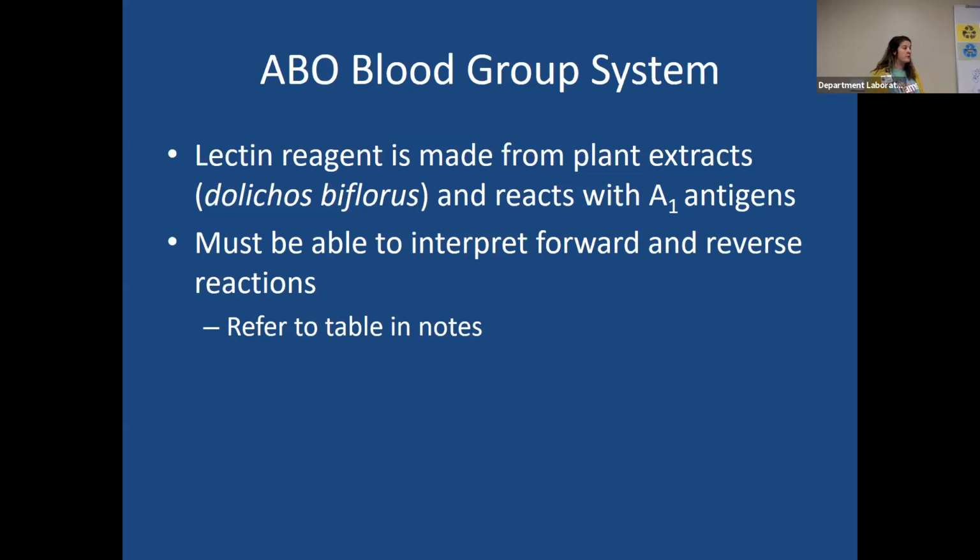For this course's purposes, we will call them A2, all right? Now, what other tests do we have to run when we use A1 lectin? A2 cells. What reaction do you expect for an A1 patient with A2 cells? Negative, all right? The purpose of A2 cells is to identify anti-A2, all right?